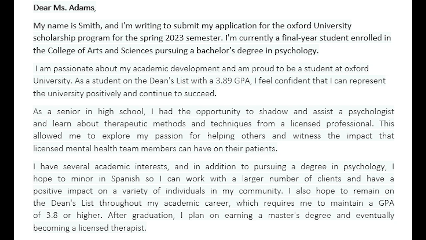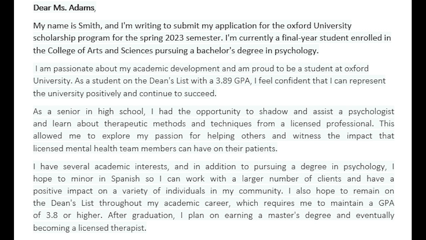Then you have to write a particular date, and then you can proceed with the person to whom you are sending your cover letter. Further, in the first paragraph you mention your name, your qualification, and your degree. Then moving further, you show your research group or the research interest that you are interested in.